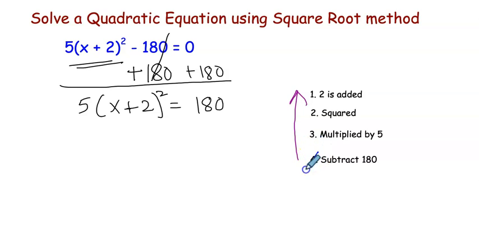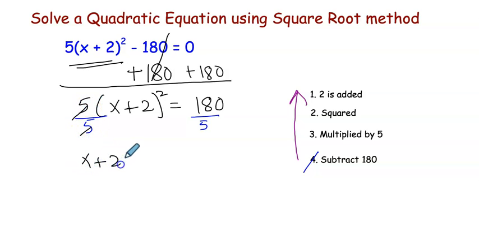Like you have done with this step 4. Now step 3. Multiplied by 5. Opposite of multiplication, a division, right? As you can see, it is 5 times. So I'll divide. If I divide the left hand side by 5, do the same thing to the right hand side. So you got 5 and 5 cancelled off.